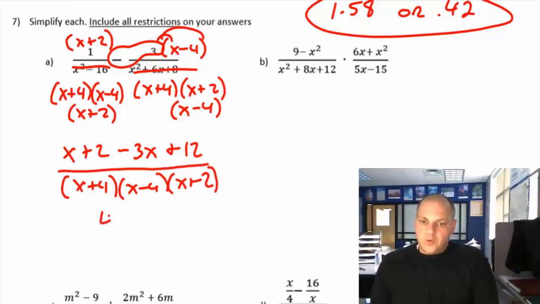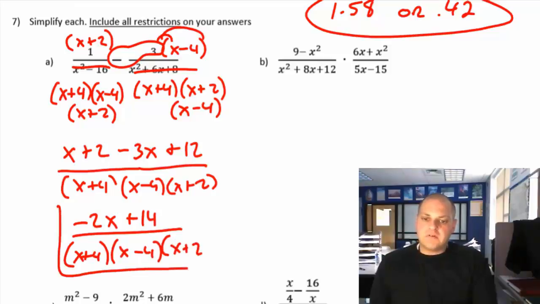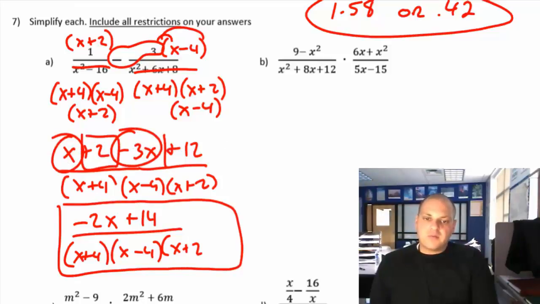This is 4x plus 10. No, plus 14. Okay, so I can mess up a little bit more here, right? Okay, so that's negative 2x plus 14 over x plus 4, x minus 4, x plus 2. And that's it. Just combine your like terms on top, and then the denominator stays the same.